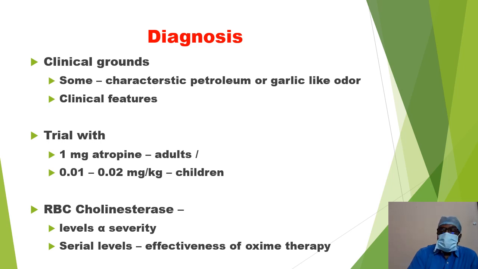Or you can do an atropine loading trial with 1 mg atropine in adults or 0.01 to 0.02 mg per kg in children, where if the symptoms decrease, then the patient is poisoned with an organophosphorus compound. But the most important is RBC cholinesterase levels. RBC cholinesterase levels are directly proportional to the severity of the poisoning, and serial levels are very useful for the effectiveness of oxime therapy.